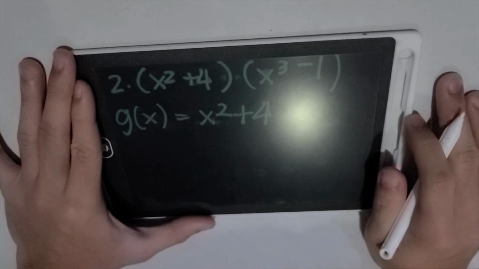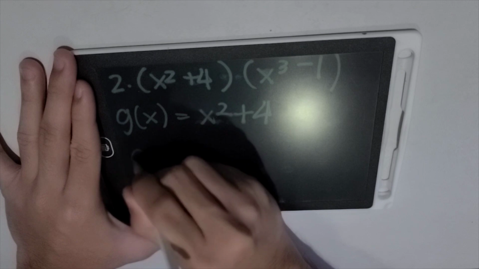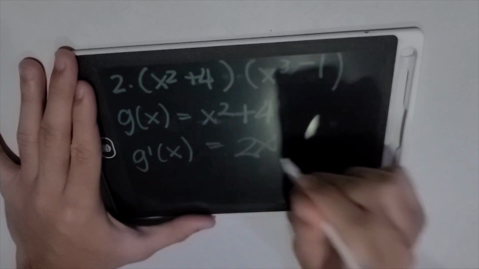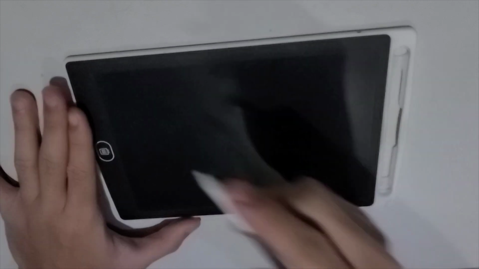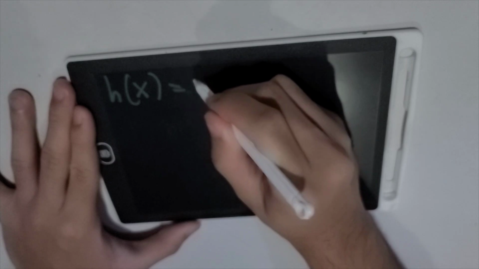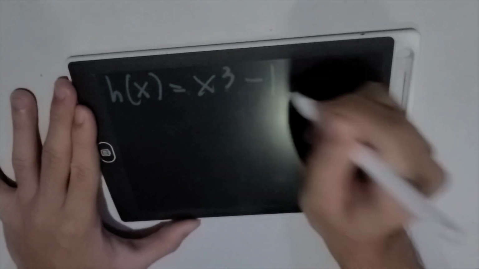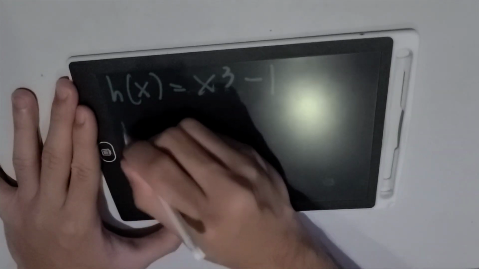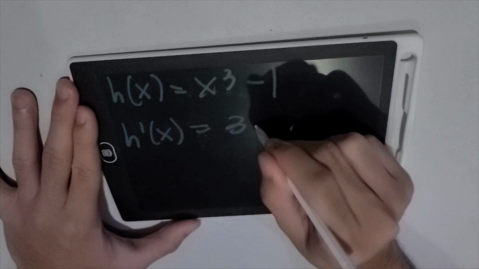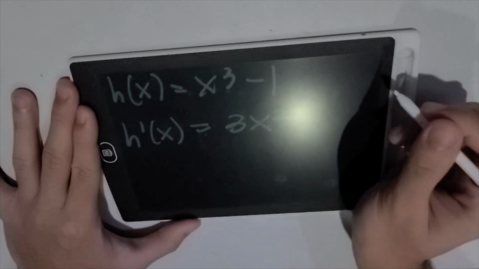The derivative of x squared plus 4, g prime of x, is equal to 2x. For h of x, it is x cubed minus 1. The derivative of x cubed minus 1, h prime of x, is equal to 3x squared.